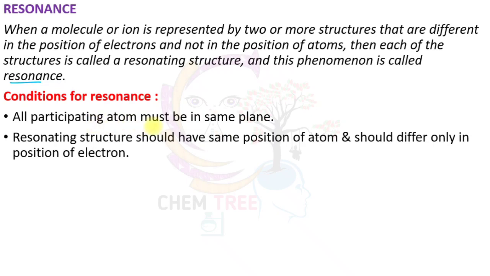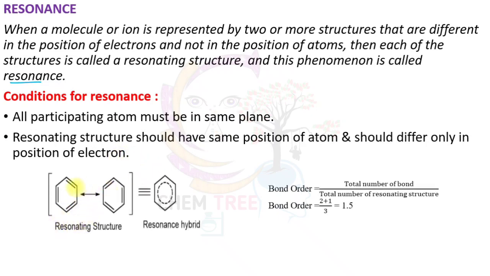Condition for resonance: all participating atoms must be in the same plane. The second one, resonating structures should have the same position of atoms and should differ only in position of electrons.